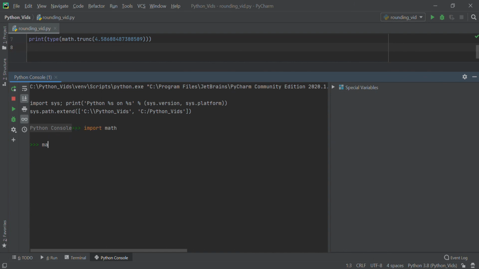And now let's do math.trunc of 99.4. Let's start with plus 0.5. Okay, what is this really saying? This is saying 99.4 plus 0.5, and then you truncate it. Well, what's 99.4 plus 0.5?